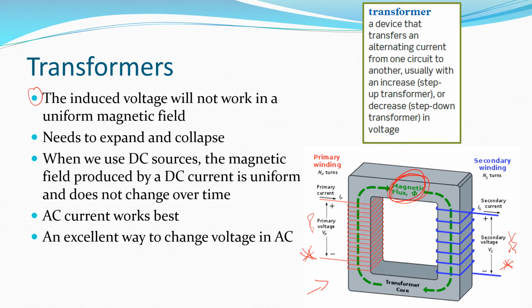It's like when we spoke about Lenz's law in the last section, it was the magnet moving through the coil that generated the current in the coil. It only worked when the magnet was moving. If the magnet was sitting in the middle, it's not moving.